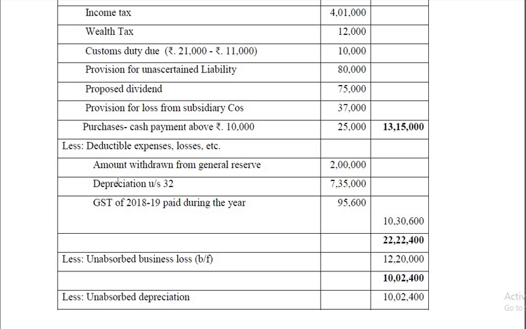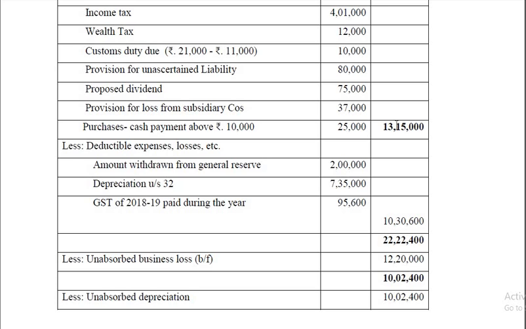Deductible expenses and losses: amount withdrawn from general reserve, depreciation under section 32, and GST of 2018-19 paid during the year. So this is allowed on payment basis. Therefore, total amount is 10,30,600.